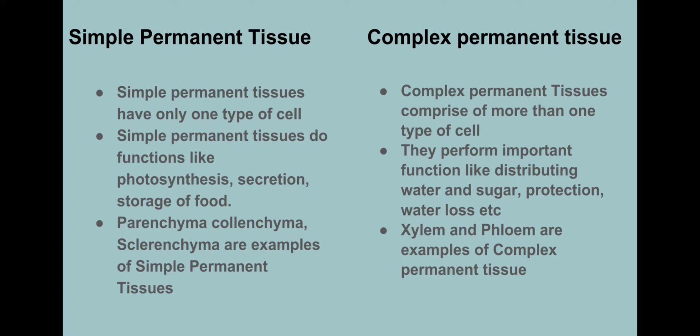They also perform protection in water loss, etc. So the examples of simple permanent tissue can be parenchyma, collenchyma, sclerenchyma, etc. While of complex permanent tissue, there are examples like xylem and phloem.